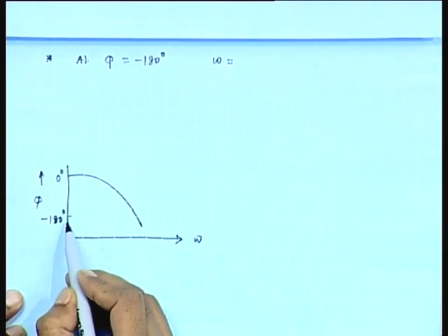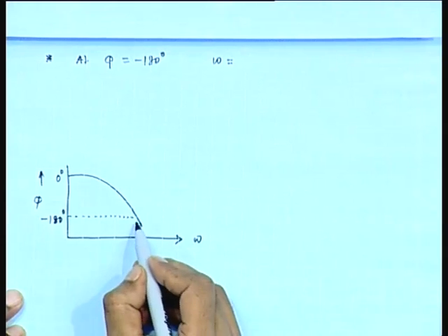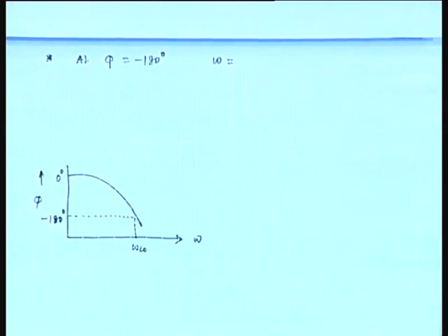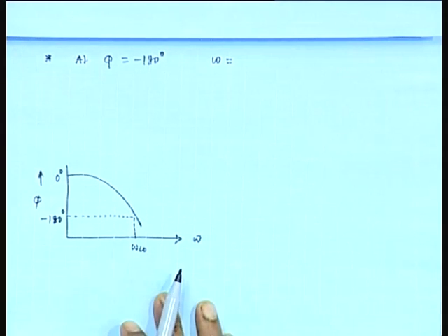Fine. So, at phi equals minus 180 degree we obtain crossover frequency. Agree? So, the frequency corresponding to this phi equals minus 180 degree is crossover frequency, which is shown in this figure.